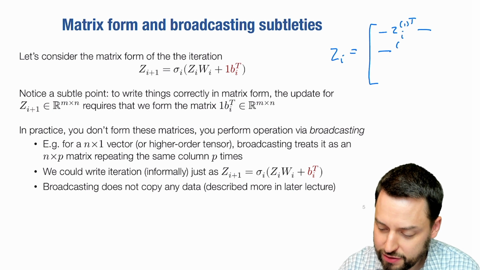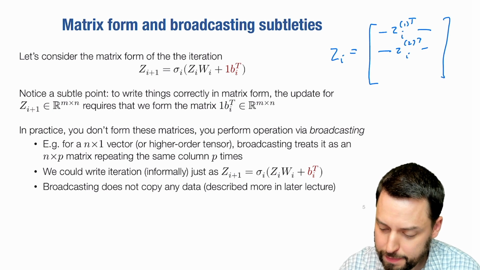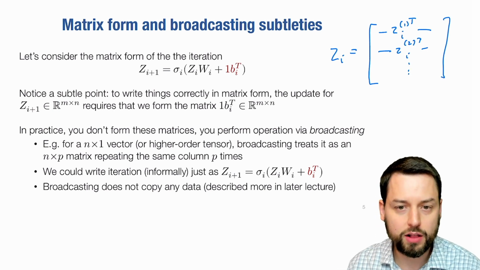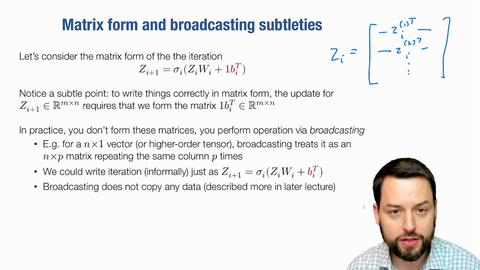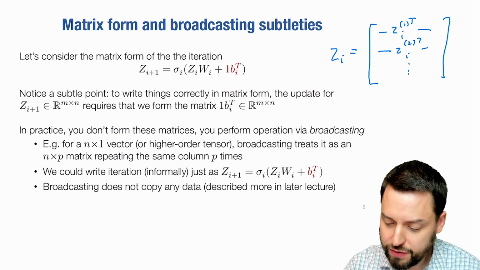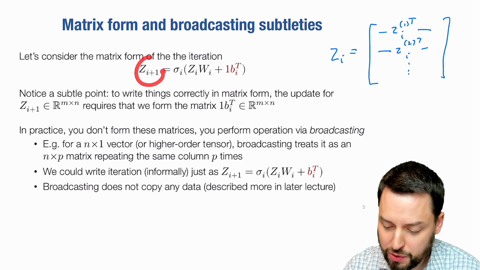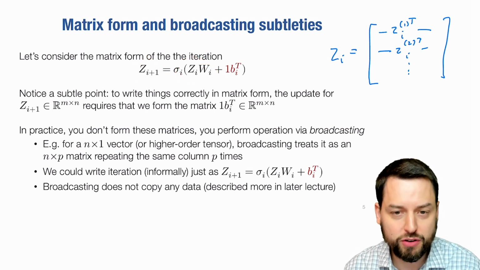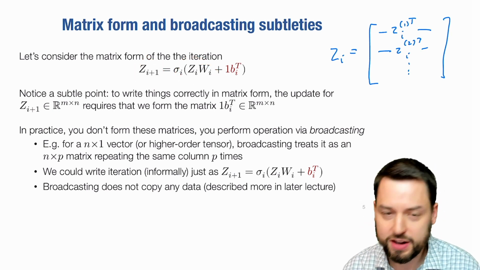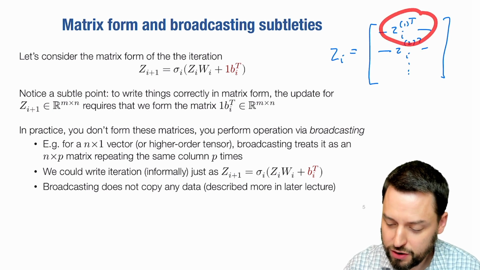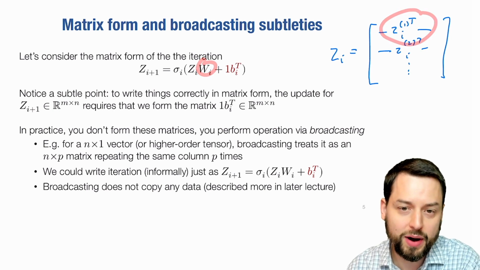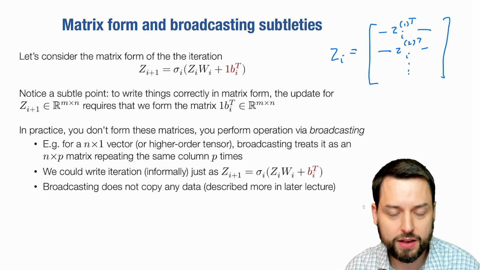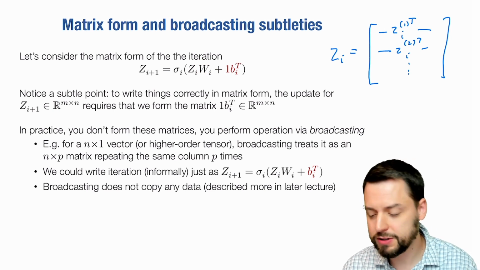In the second row, it would have z_i2 transpose, etc. Sort of the list of all our activations for that layer in the rows. And we have this very simple matrix form that we saw before. We just apply these in matrix form, and because these are already transposed, you don't include the transpose and you include W_i after it, but this is all the same as in our original fully connected networks.